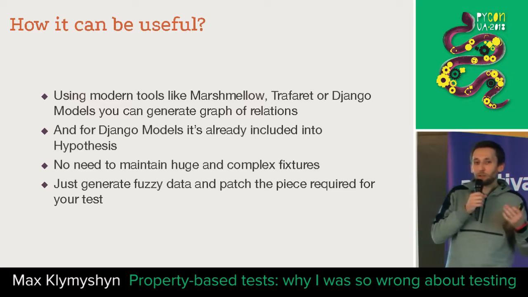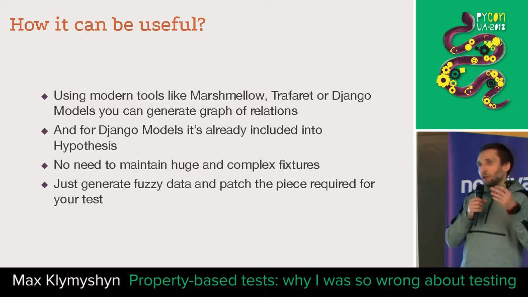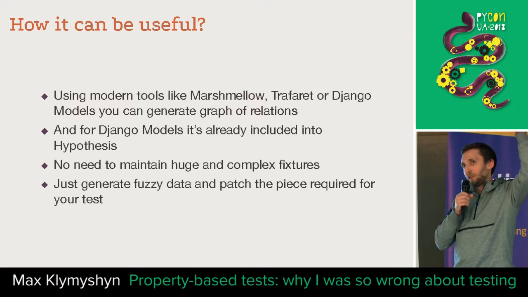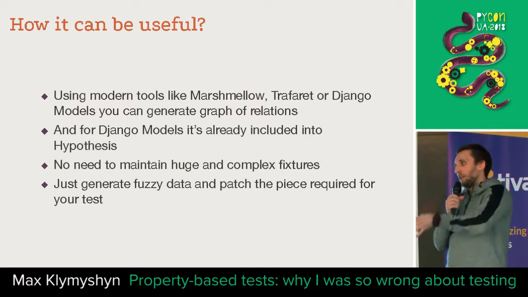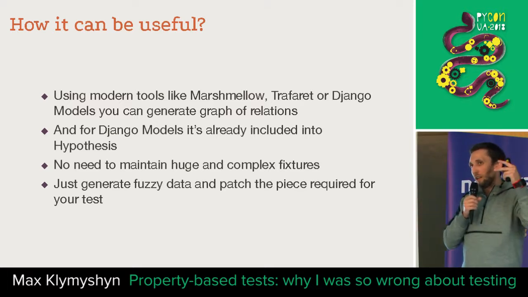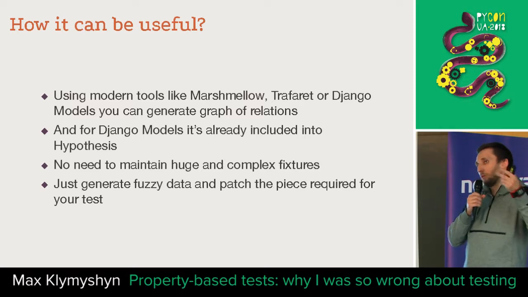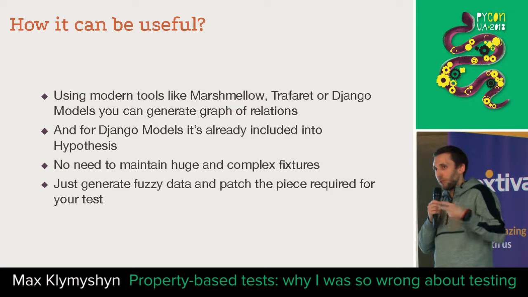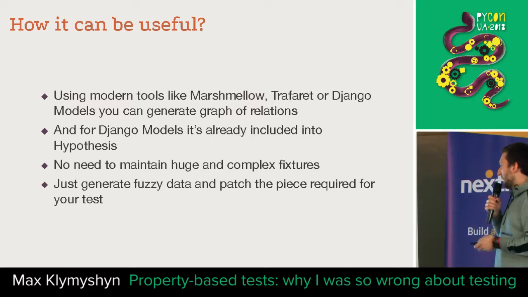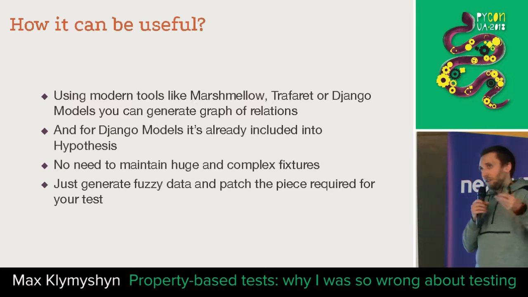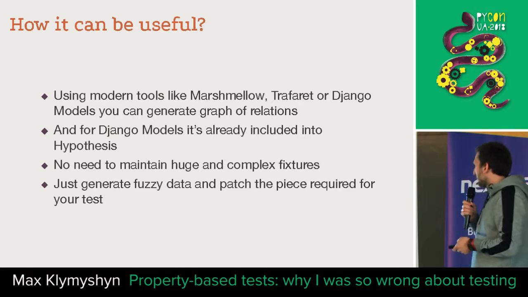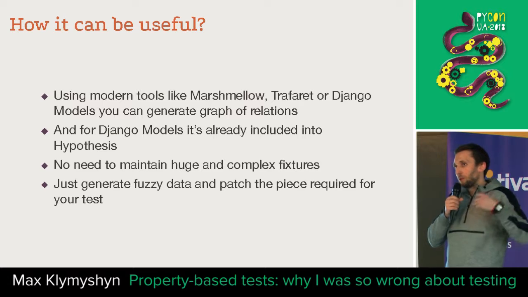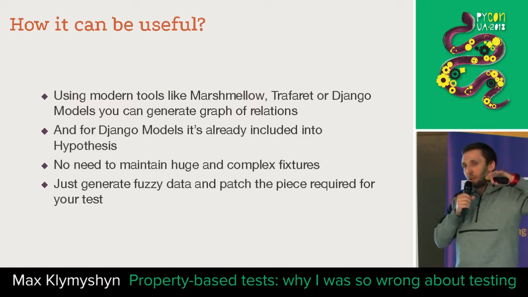For example, if for your particular functionality only two properties of your data are important, you can generate with Hypothesis a whole bunch of nested data, and only a couple of params can be changed. So you can generate meaningful information, and you don't need to maintain this huge JSON. It's kind of a fuzz test where you generate a lot of random tests, but it's also typed.